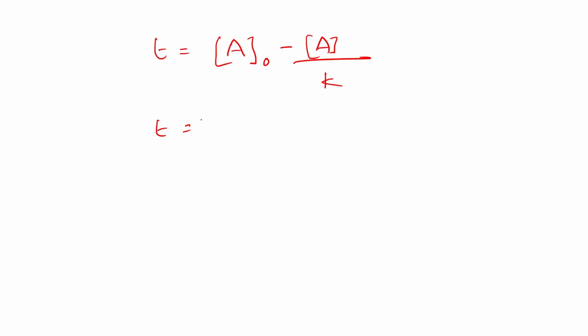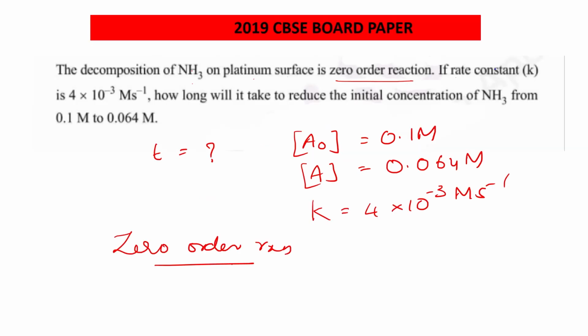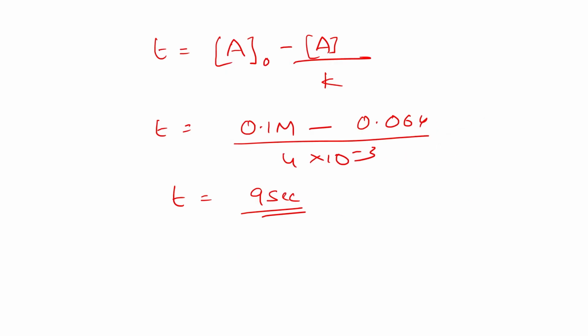A naught was 0.1, the initial concentration. How much was final? 0.064. How much was the rate constant value? So much. Then finally when I solve, I get an answer of 9 seconds. Simple as that. So easy. You need to just note the data and then substitute in the formula because they have given you a zero order reaction, right? So substitute directly and get the time, which is in seconds.